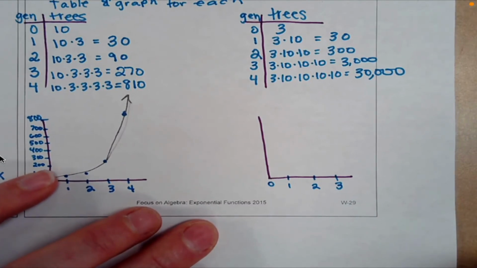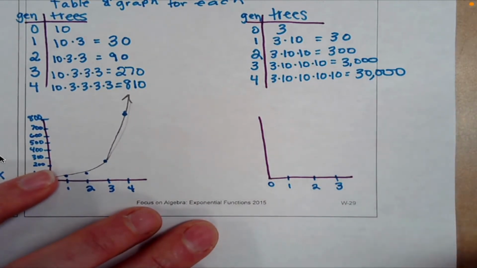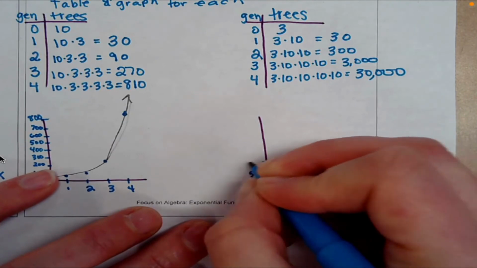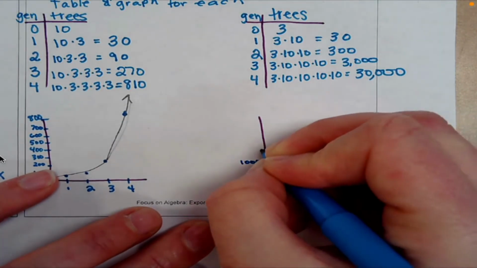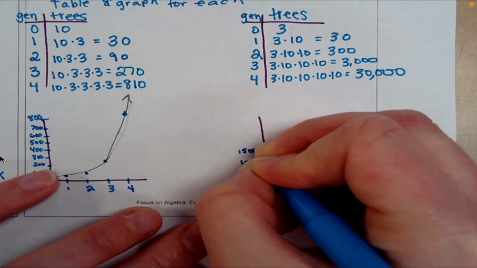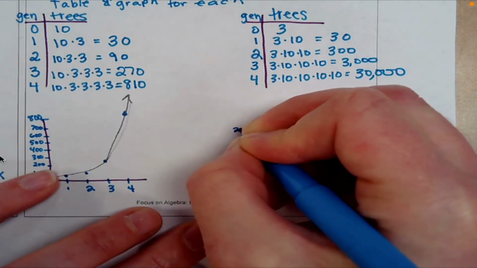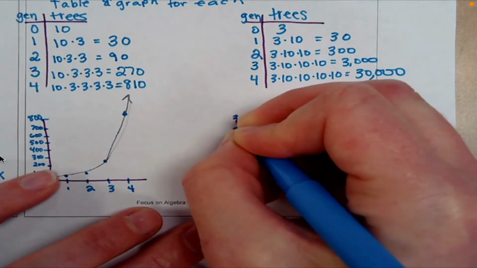Go by 500. 500, 1,000, 1,500, 2,000, 2,500, 3,000.